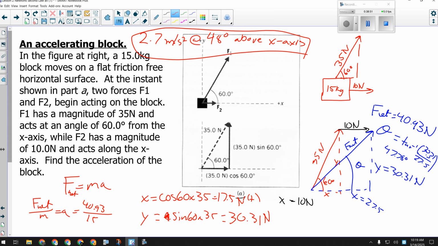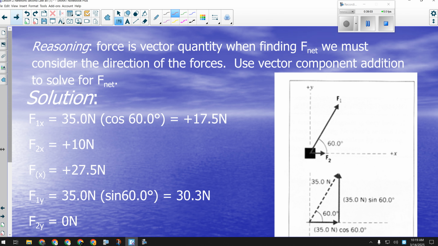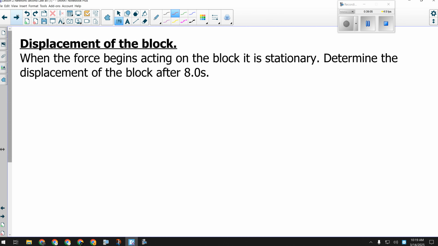All right, now, lots of times with a Newton's second law question, there'll be a part B. The part B will be a step back to last unit. So using the information you still have, the acceleration, see if you can do that.